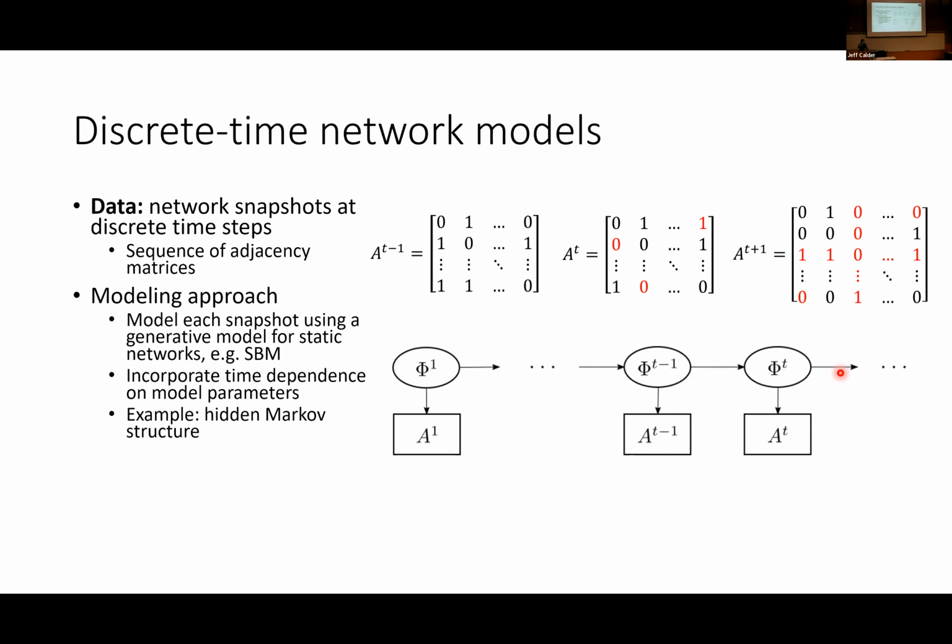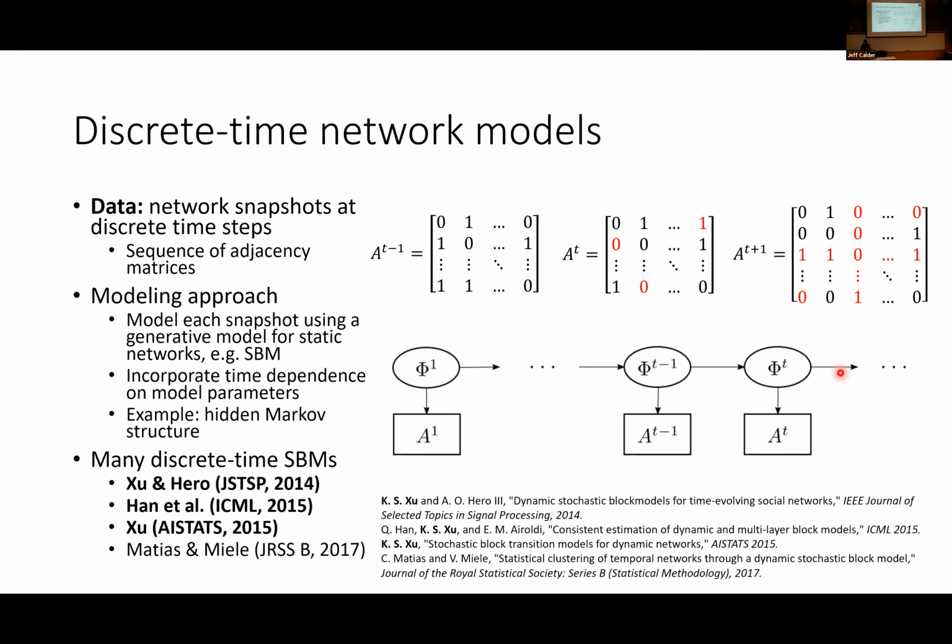So this is an example. It's a hidden Markov structure. It's not the only structure, but it's a structure that is typically used. And there's been a lot of work in this area, many discrete time stochastic block models. So some of my work back from 8 or 9 years ago was in this area. And then you had Mattia and Miel, some statisticians who came along and improved upon the models that my collaborators and I had built.